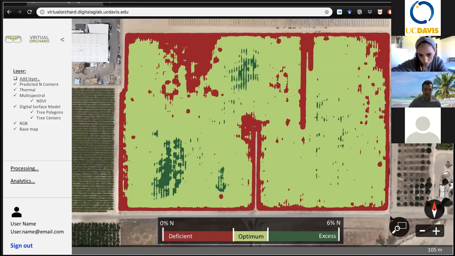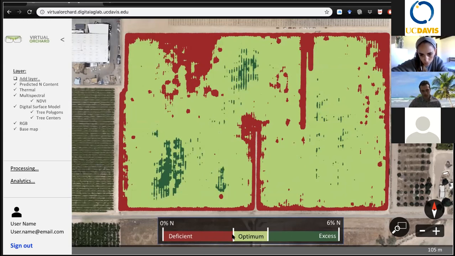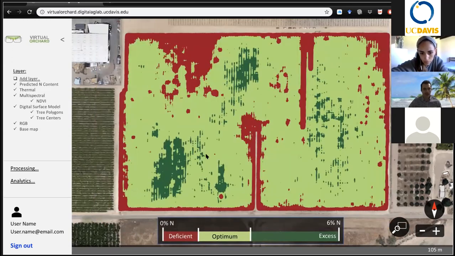For example, if you are confident that you don't get much loss from nitrogen deficiency, you can change these two bars to the left, and then you will have less deficient area, more optimum and excess area.